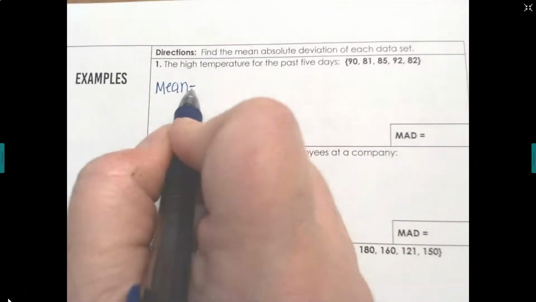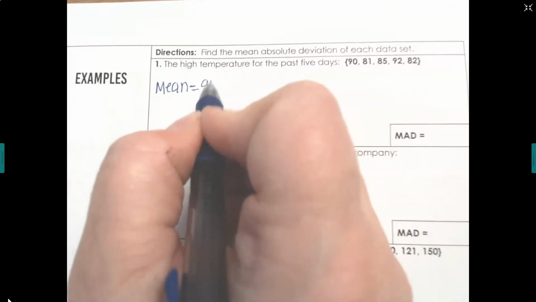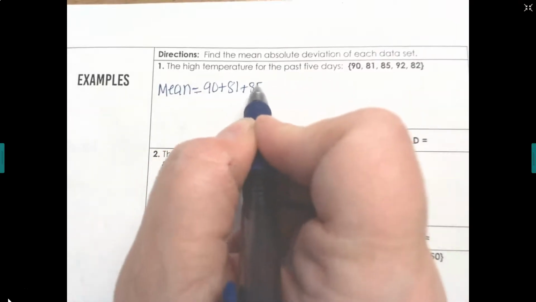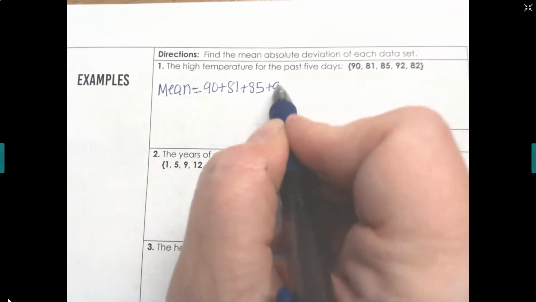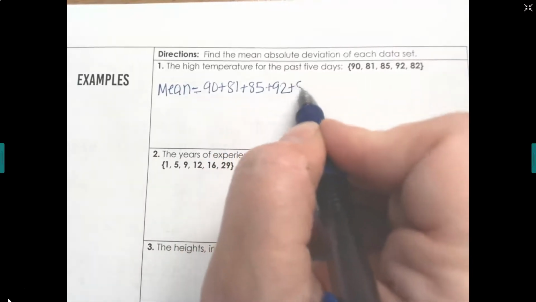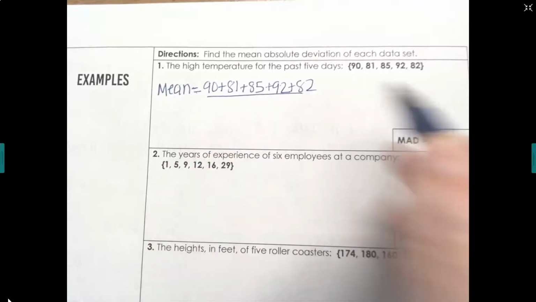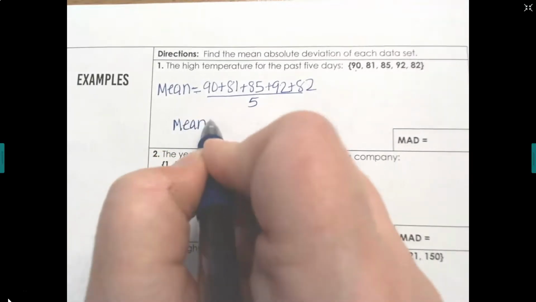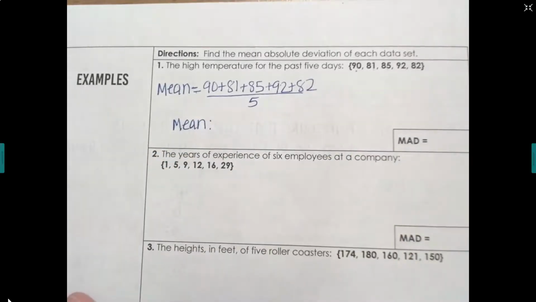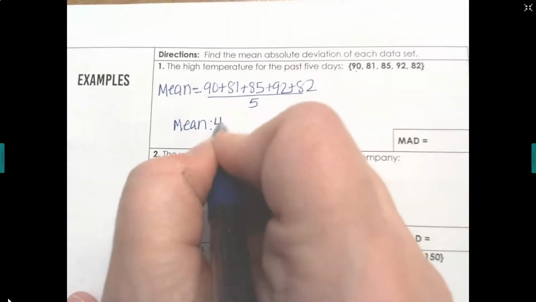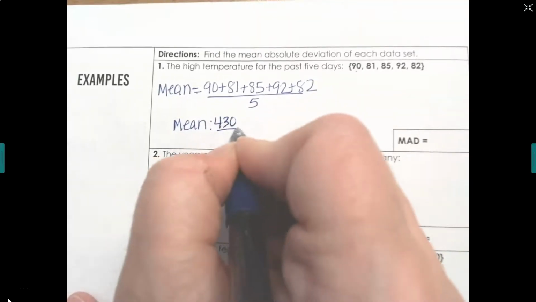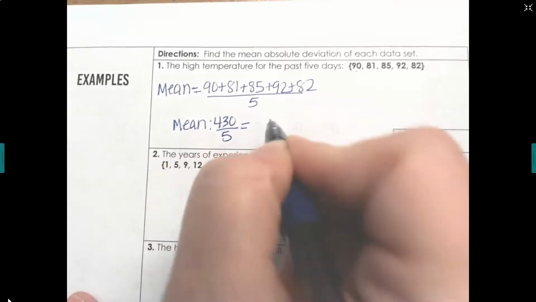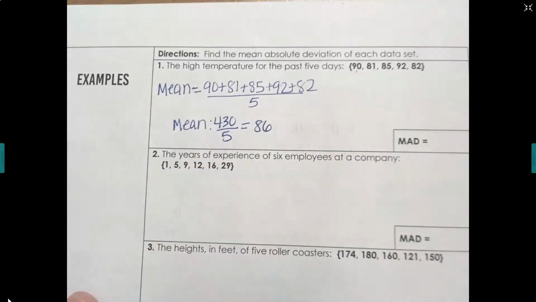So you're going to take each of the numbers, 90 plus 81 plus 85 plus 92 plus 82, and divide by 1, 2, 3, 4, 5. I got a total of 430 on the top, divided by 5, so I have a mean of 86.